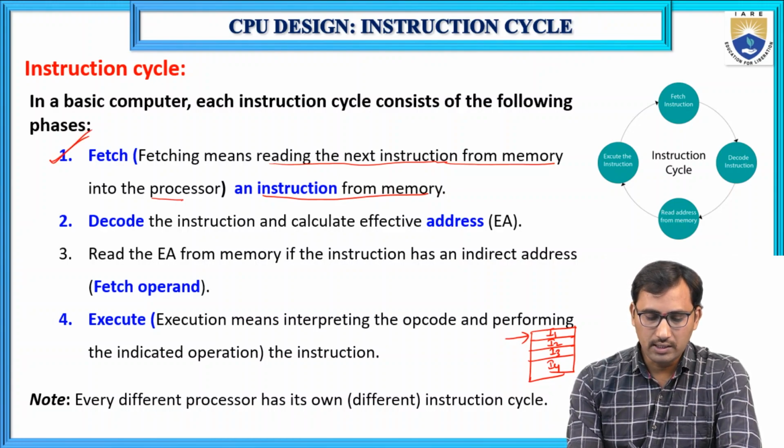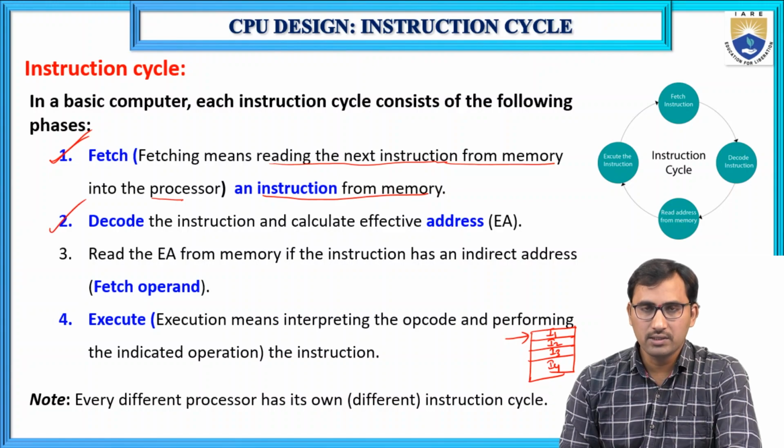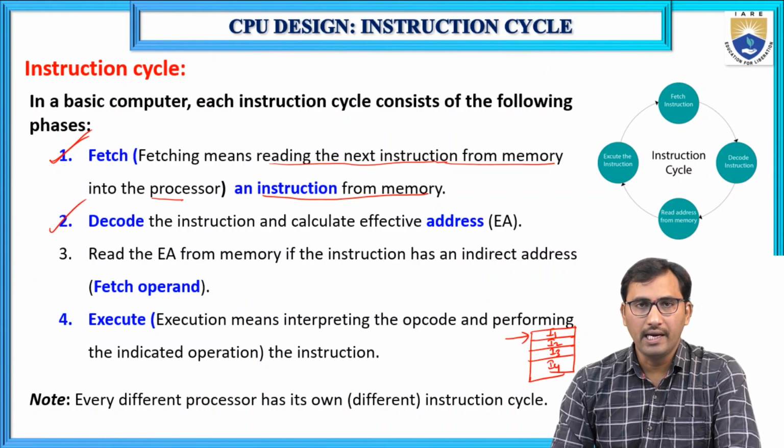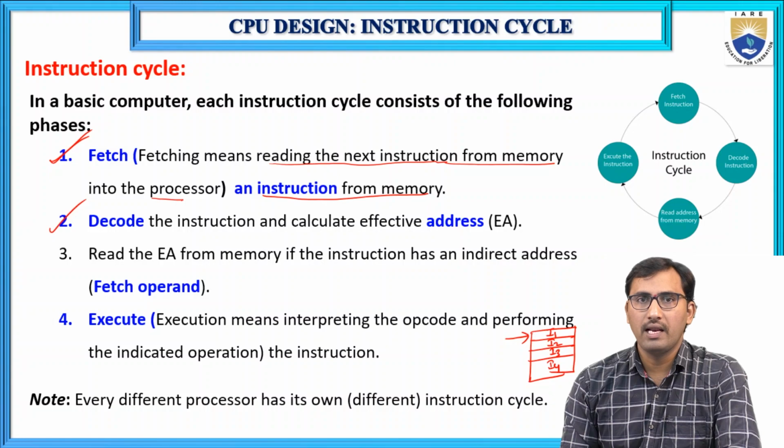After fetching comes decoding. Decoding means, in general, we write the program using some high level language or assembly language. As humans we can understand the high level language or assembly language, but the machine cannot understand them, because the machine can understand only machine language, that is nothing but the binary language, zeros and ones.